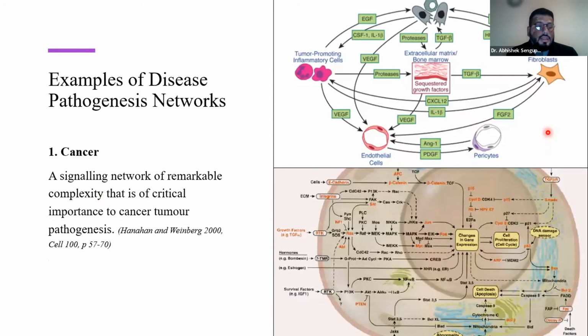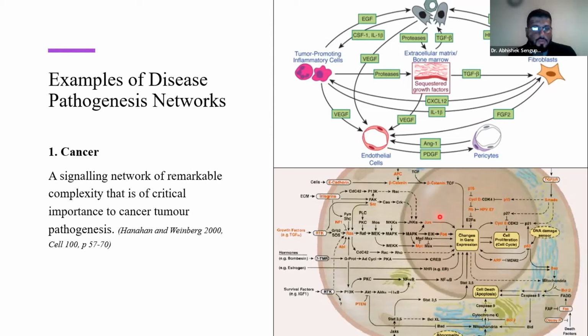So you can see here examples of disease pathogenesis networks. The first example that I can give here is the cancer network, a signaling network of remarkable complexity that is of critical importance to the cancer tumor. This is the paper that has been published.